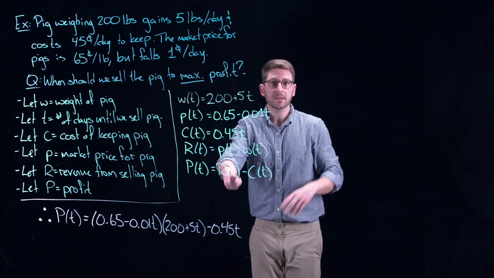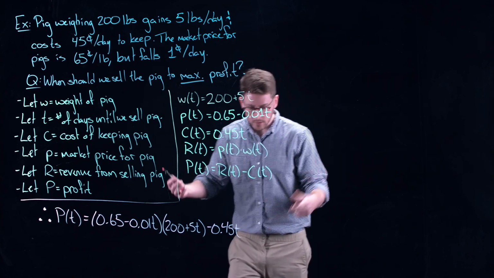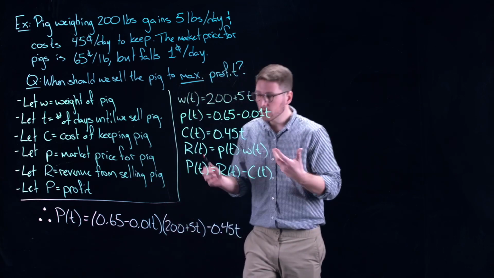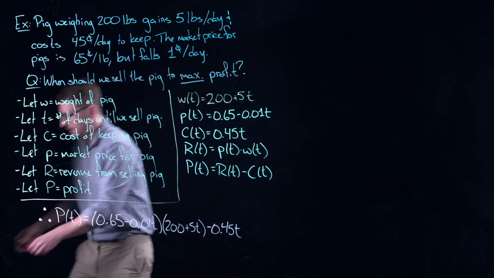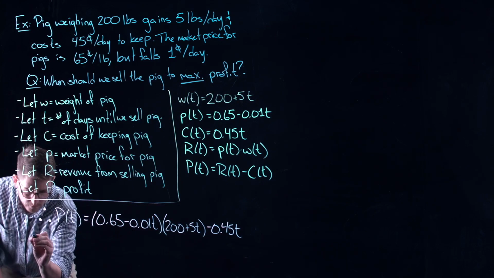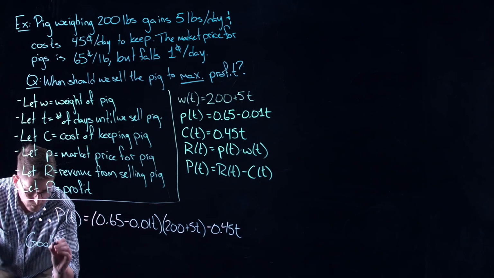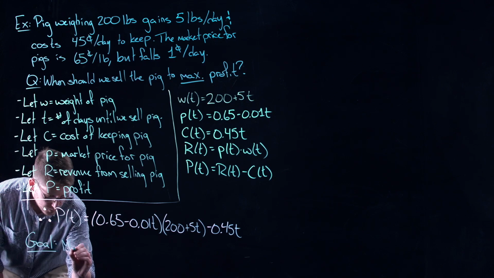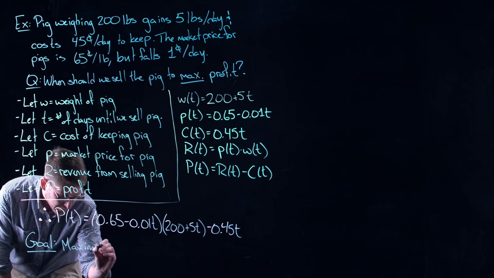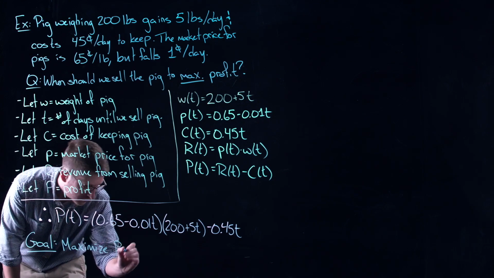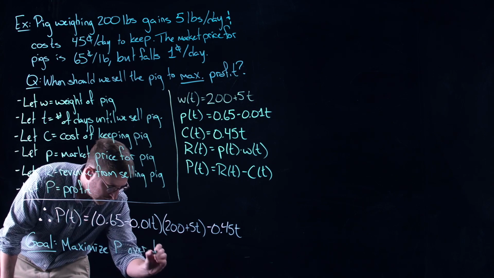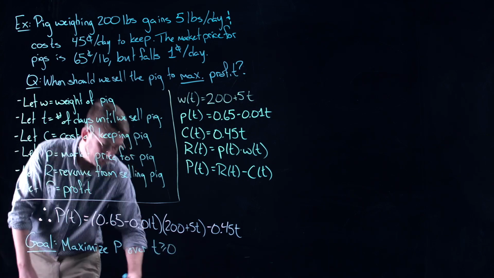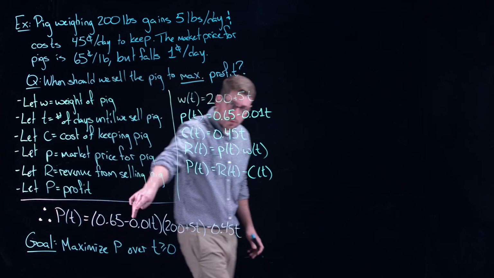It looks ugly, but that's really just a quadratic equation, right? And the goal here, so let's actually write this out. The goal: maximize P over t greater than or equal to 0. That's what we want to do.